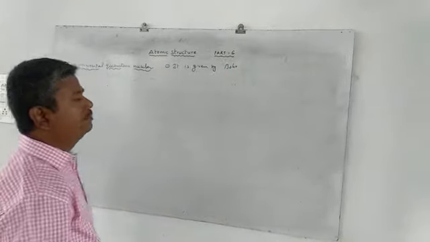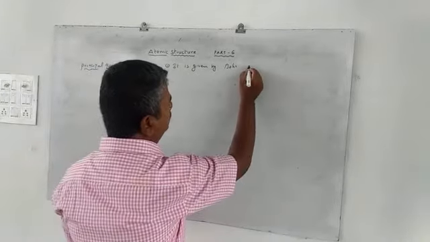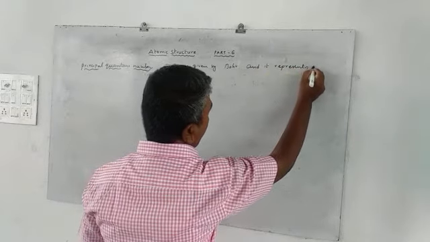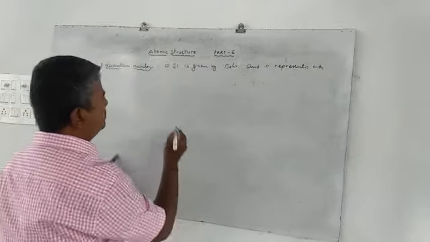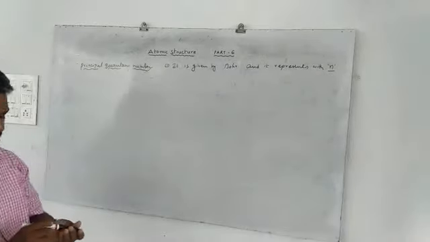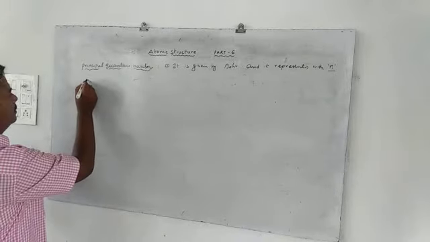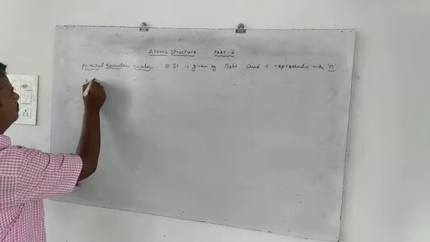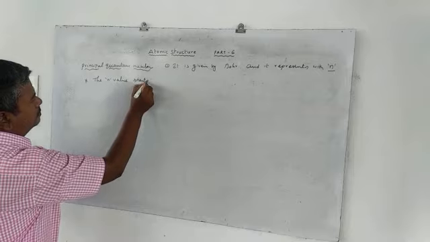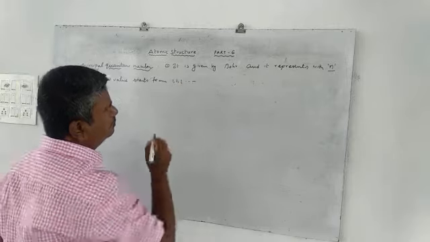The principal quantum number was given by Bohr, and it is represented with small n. That means the n value starts from 1, 2, 3 and so on.